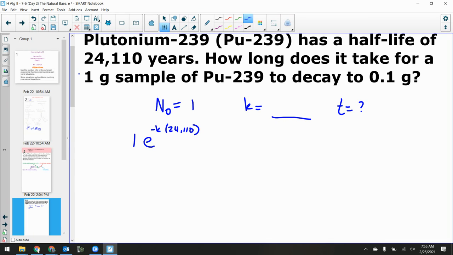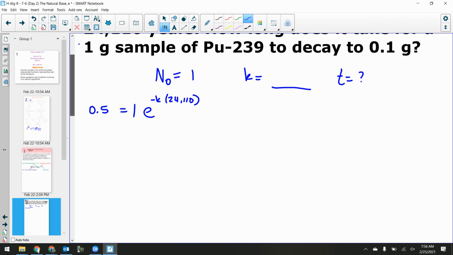We just talked about that. After 24,110 years, that 1 gram is going to decay down to half a gram. Do I have an equation with only one variable in it? Yeah, because e is just a number. So let's solve that equation. We divide by the 1 to get it over to the other side, but really that's just saying 0.5 is equal to e to the negative 24,110k.